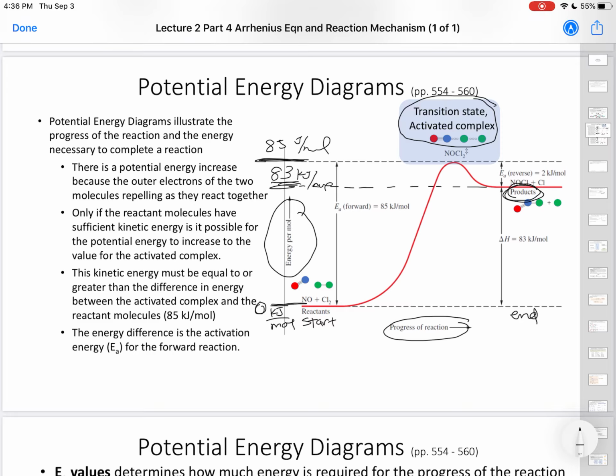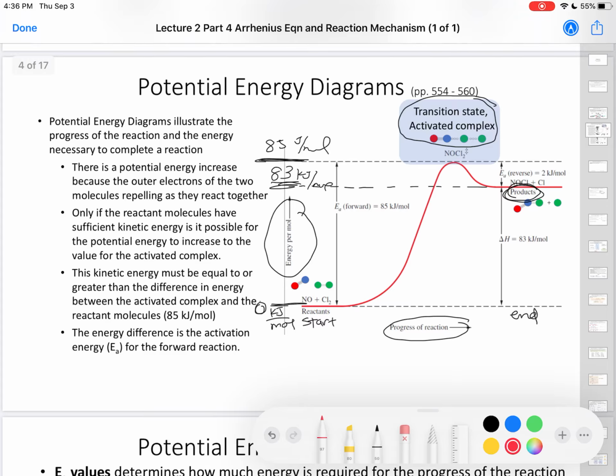Basically what it's illustrating here is that there is a requirement of energy for this activated complex to be formed. And what is this required energy? It is the energy of activation. I don't like how the book has drawn a double-headed arrow.